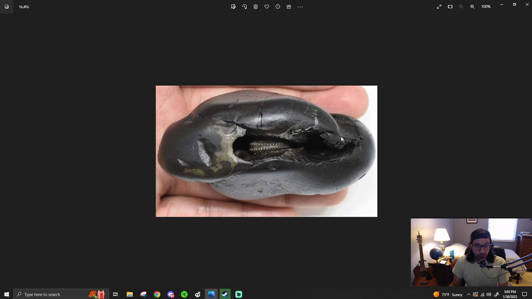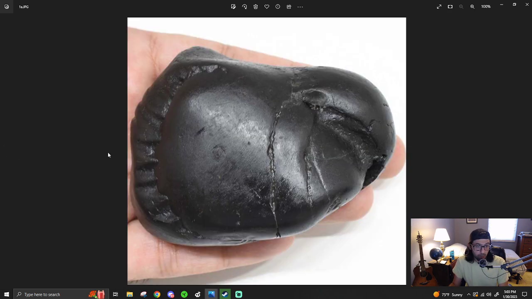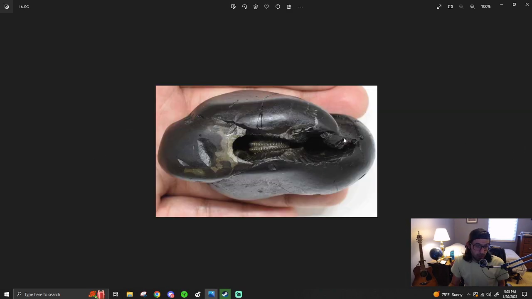So it had this moment in time when it was just malleable and something pressed into the surface. Basically, like one of these, is my interpretation, pressed into it, or it pressed into it, whatever. So in some way, the pressure was applied, and that shaped this to be indented and then caved in here.